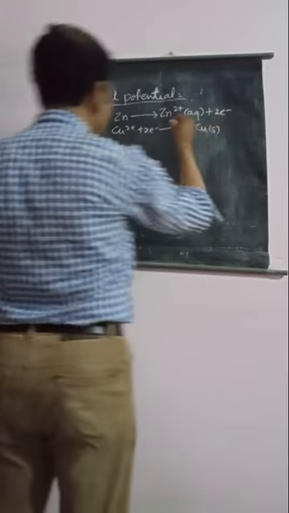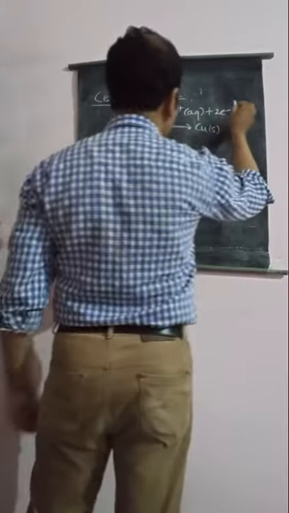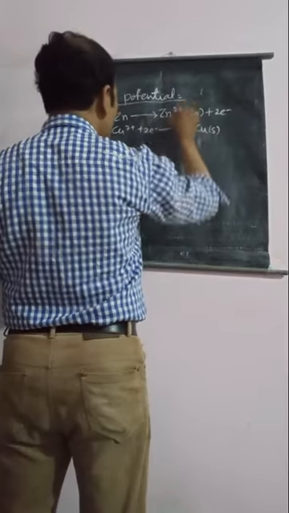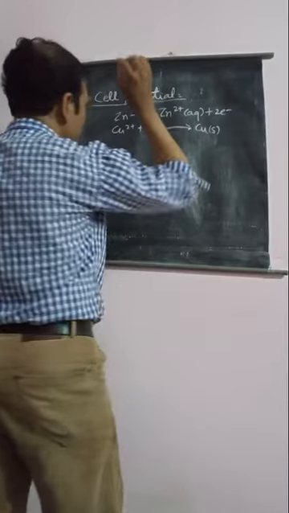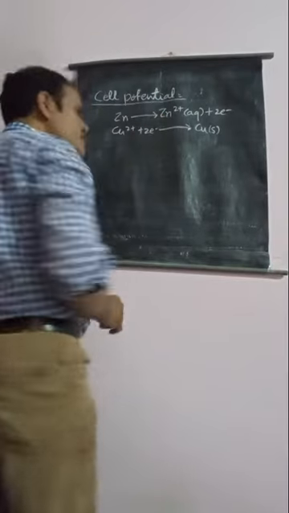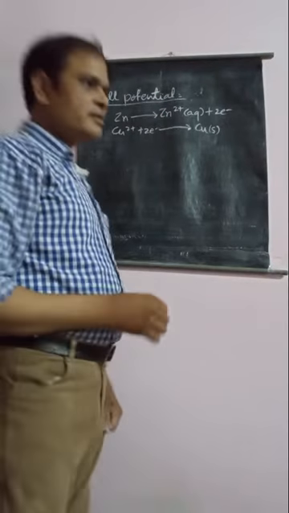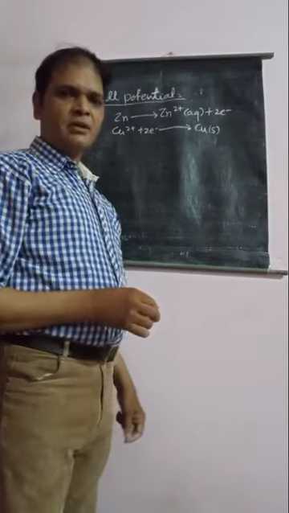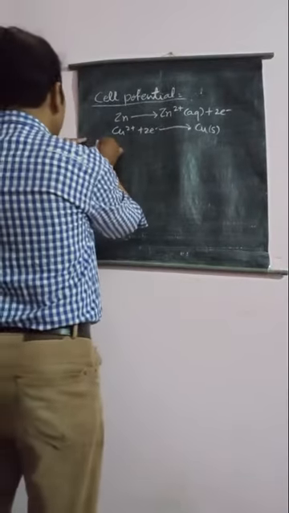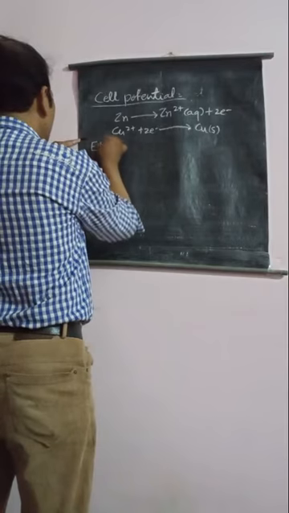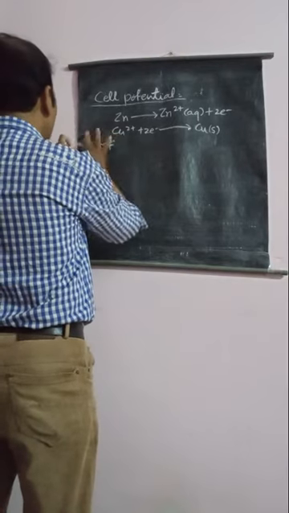So the cell potential will be the potential difference between these 2 electrodes present in the Daniell cell. As we have already seen, it is 1.1 volt. Now we will see the EMF of a cell.